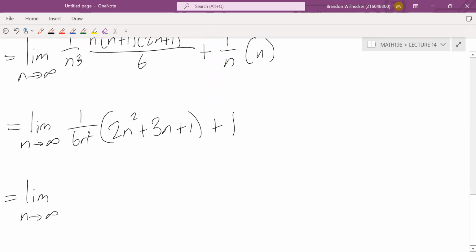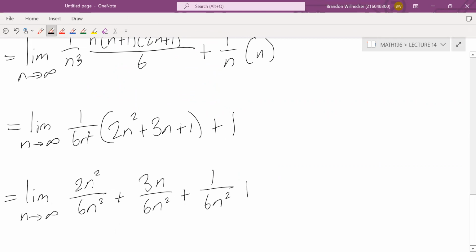Okay, so this is going to be 2n squared over 6n squared plus 3n over 6n squared plus 1 over 6n squared, plus 1.